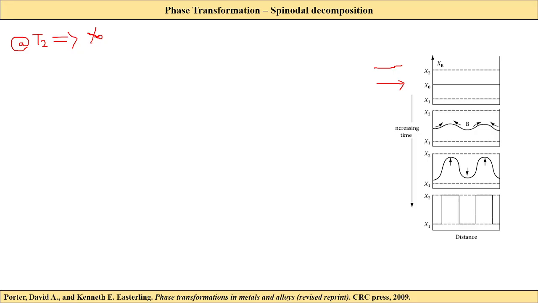And there is another thing: if alpha 1 and alpha 2 are formed in such a way that there is no straining, you'll end up with a coherent spinodal decomposition. The first one we discussed had alpha 1 and alpha 2 with not different crystal structures, but yes, different compositions.